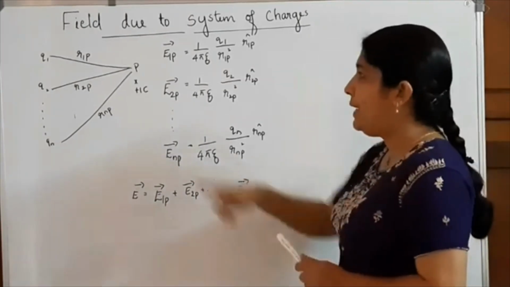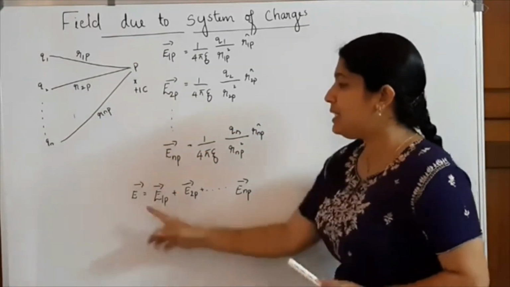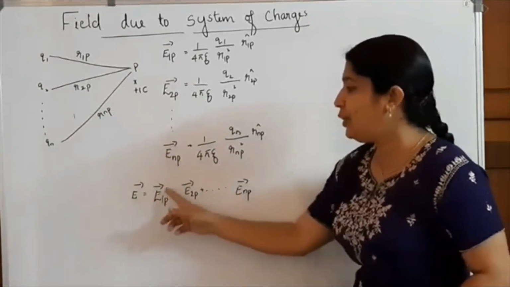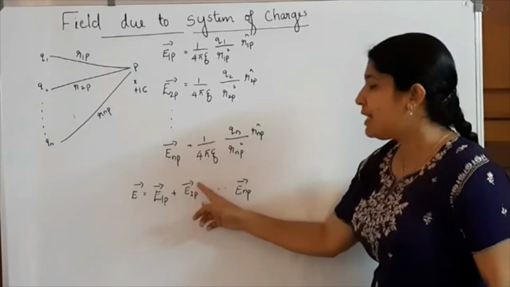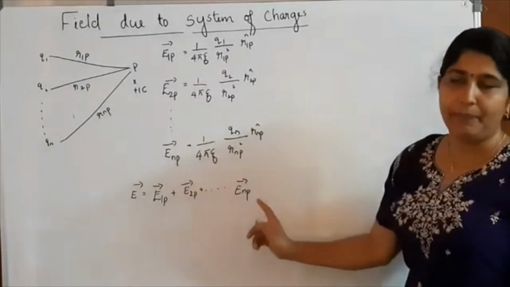Field at the point P due to Q1, Q2, Q3 etc. to Qn charge is vector E equal to vector E1P plus vector E2P plus etc. to vector EnP.